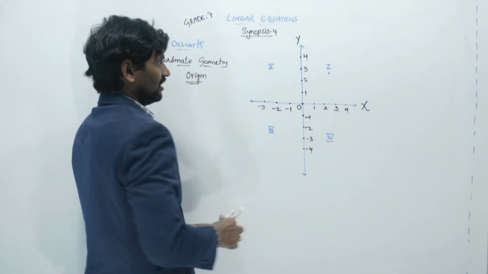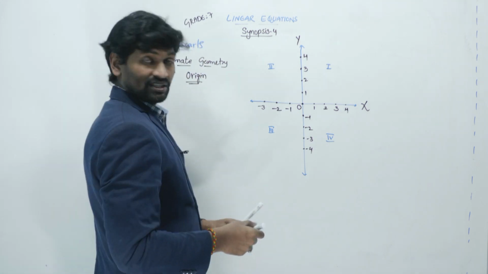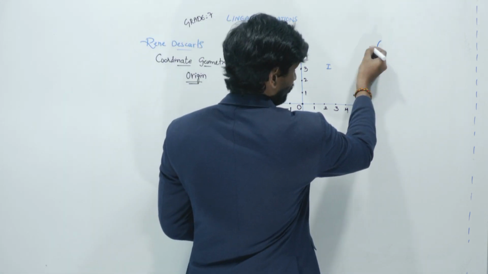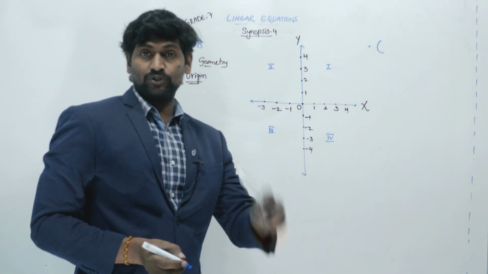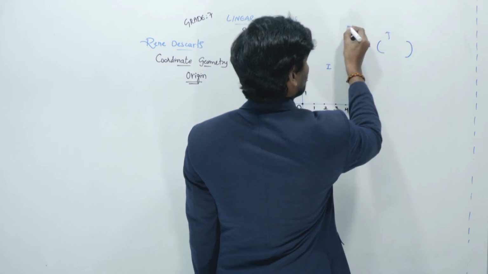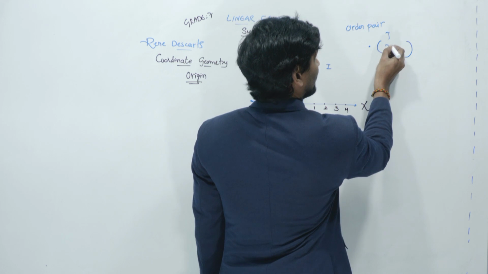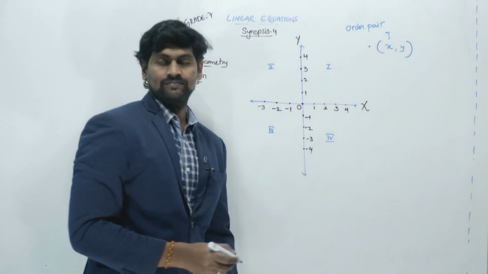From quadrant 1, to find the position of a point we use the ordered pair. Ordered pairs are nothing but x values and y values.